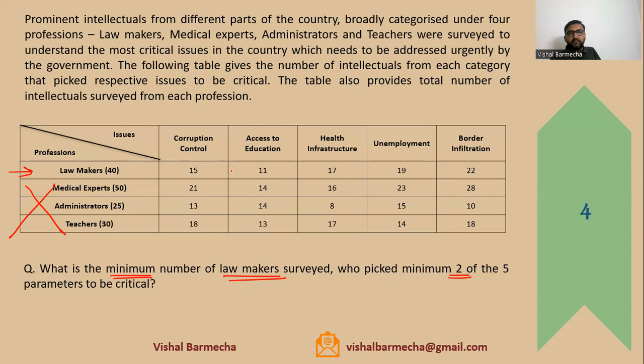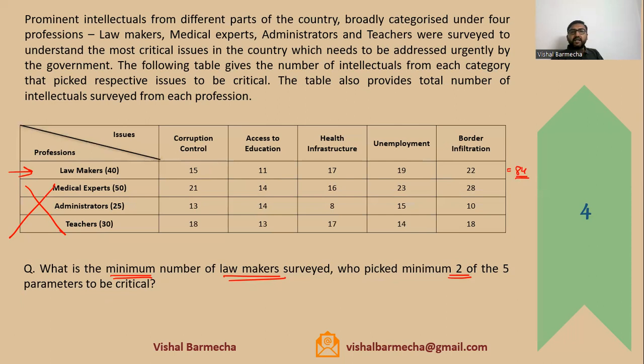Now, if you remember, इसको हमने ऐड किया था पिछले क्वेश्चन के लिए, so we had got 84 as the sum. So total 84 times some case or the other, some issue or the other has been found to be critical by these 40 lawmakers. अब मुझे ट्राई ये करना है, ज्यादा से ज्यादा लोगों को उस कैटेगरी में डालना है who found 1 or 0 number of cases to be critical.